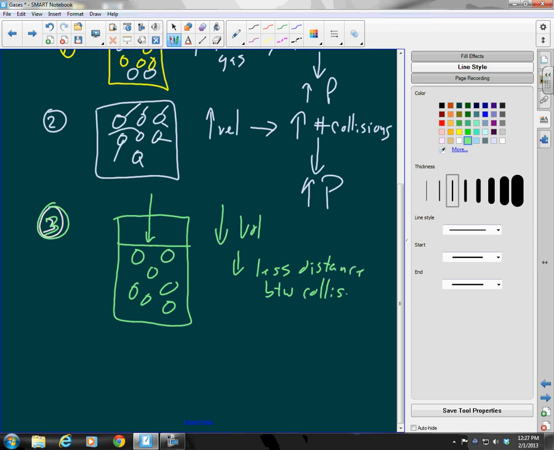And if I'm going at the same speed, at the same velocity, then what? If I'm at the same velocity and I have to cover less distance between a collision, that means the number of collisions increases. Good, and if the number of collisions increase, then pressure increases. Woohoo!